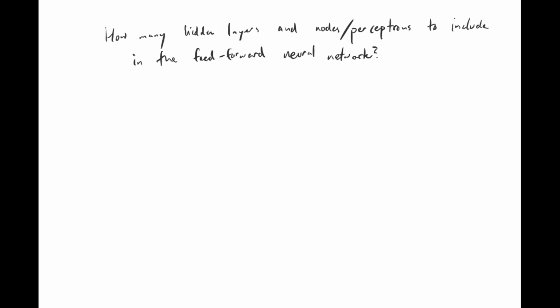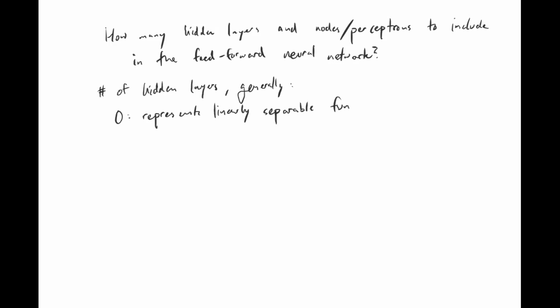But what I can say is that generally, for a number of hidden layers, 0 represents linearly separable functions. And that makes sense, right? The functional form is your weights times your input values. And that may go through some kind of transformation procedure, but it's all linearly separable.